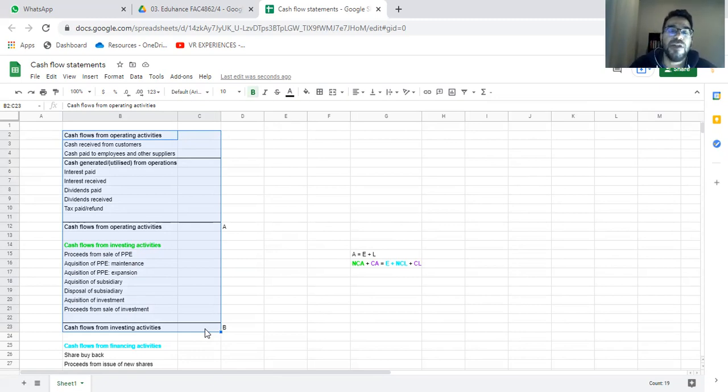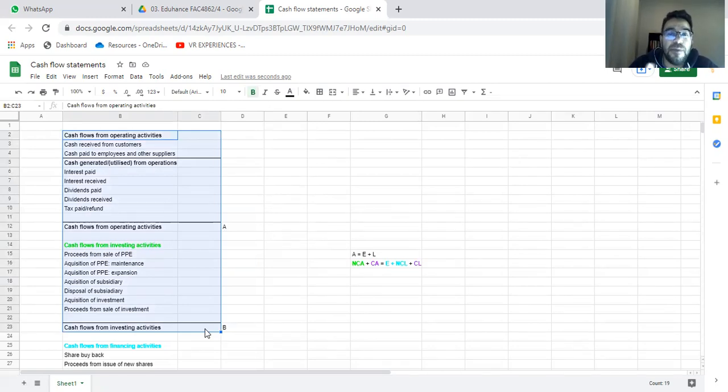The accrual concept says you record income when it is earned, irrespective of whether cash is received or not.